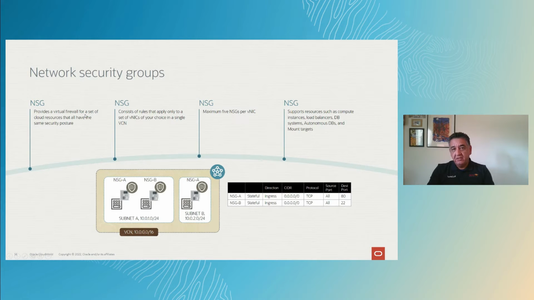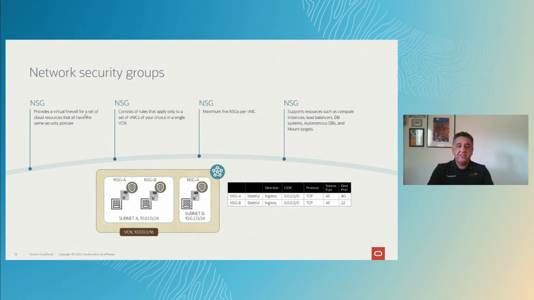Now there's another firewall, if you will, that we call network security groups. The way that I like to describe what a network security group is, is with an example that allows you to create exceptions. I mentioned earlier that when you create a security list, it applies to every single resource that you have on your subnet.